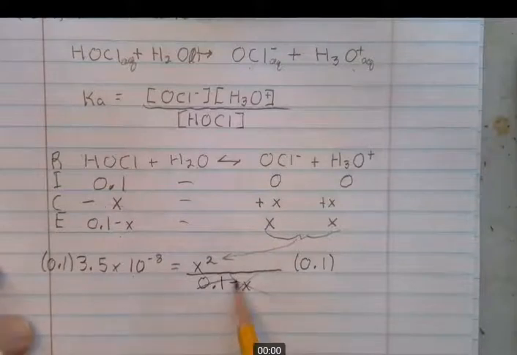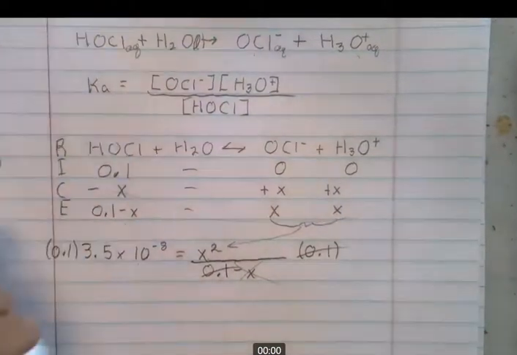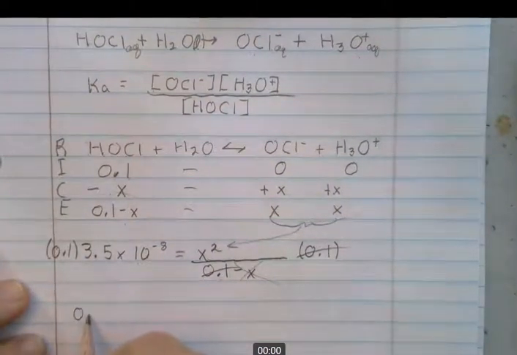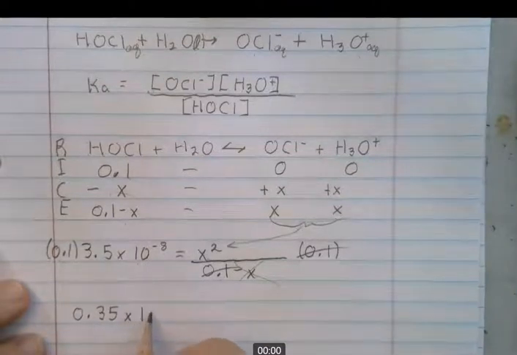These cancel on this side, so you're just left with x squared on the right-hand side. And 0.1 times 3.5 is simply going to be 0.35 times 10 to the negative 8 equals x squared.